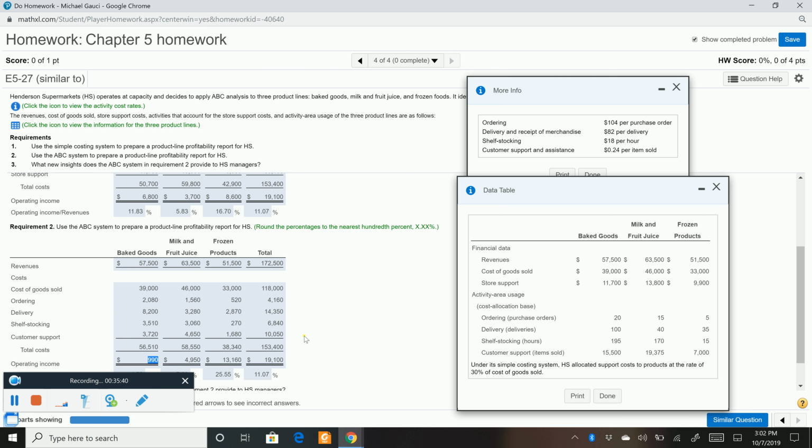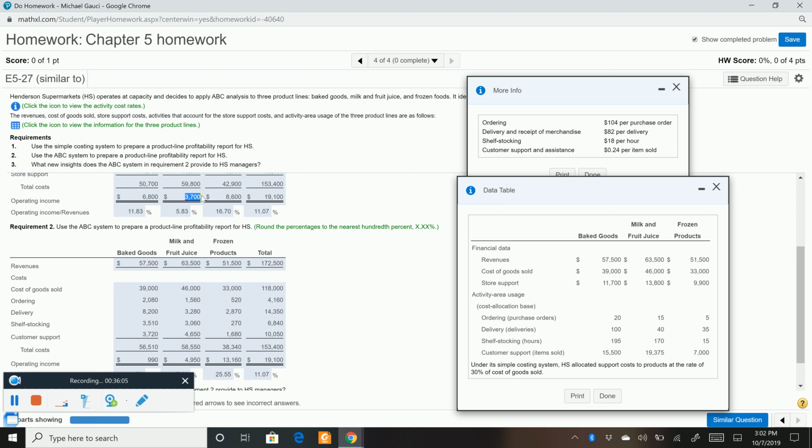We were undercosting our baked goods. So when we do an allocation, we can see a lot more costs are being allocated using activity-based costing. We were undercosting, indeed. Okay, how about milk and fruit juice?